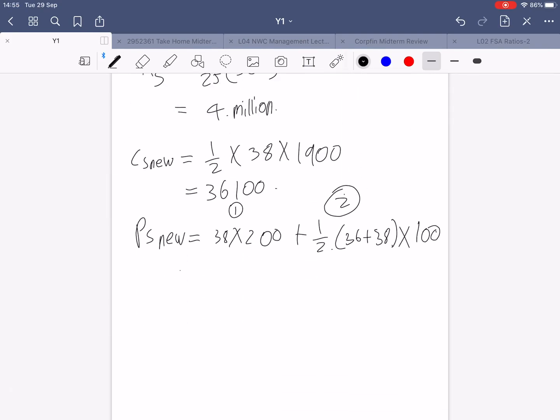Okay, so for figure 1, 38 times 200 is going to be 7,600, plus 1/2 times 36 plus 38, which is 74, times 100.